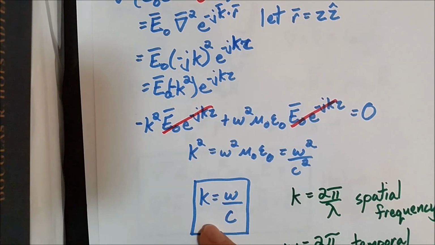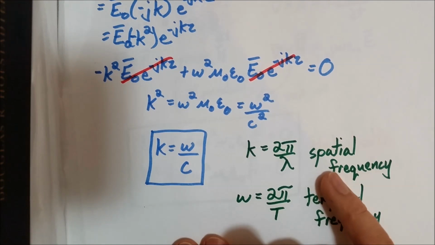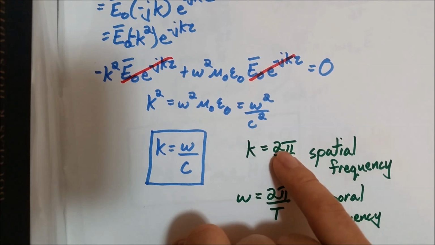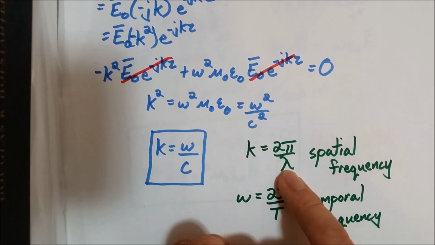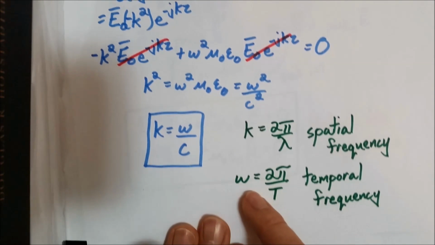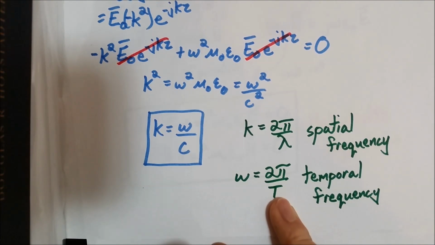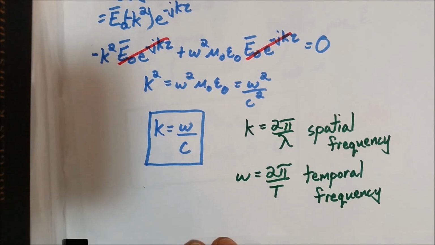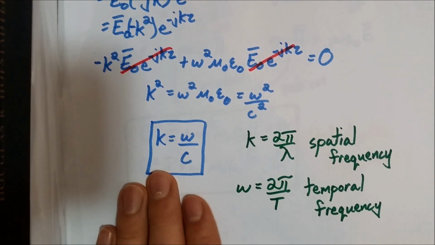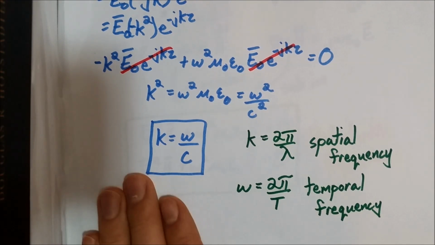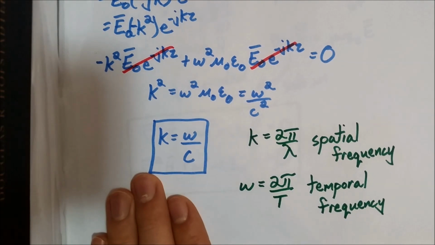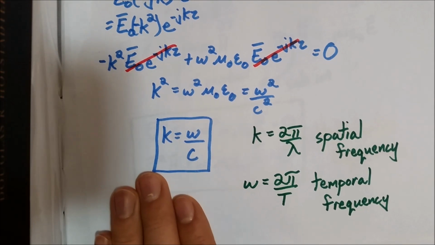This leaves us with this relationship between k, omega, and c. C being the speed of light, k being the spatial frequency, characterized by 2 pi over the wavelength, and omega being the temporal frequency, 2 pi over the period T. So this is the first important relationship between spatial frequency and temporal frequency, which we can determine from the plane wave solutions.